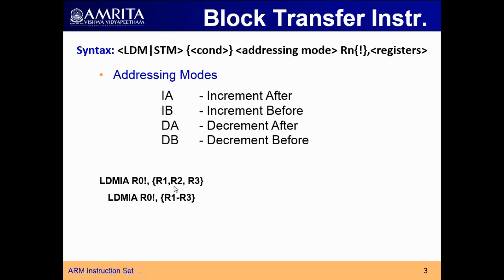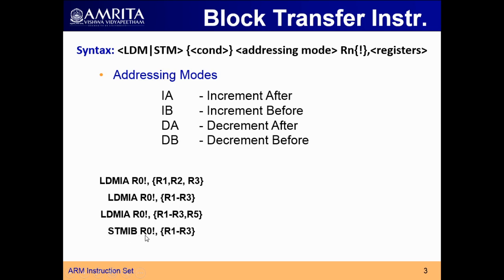So both of these are the same. Similarly, you can use LDMIA R0!, {R1-R3, R5}. That means you are combining these two types of register list representation. So the register list contains R1, R2, R3 and R5.